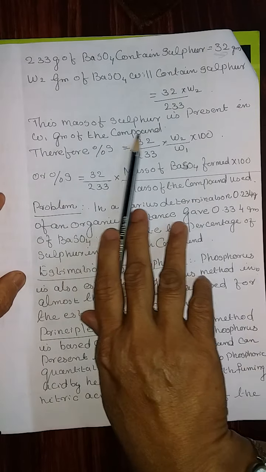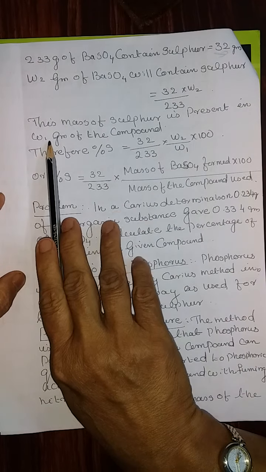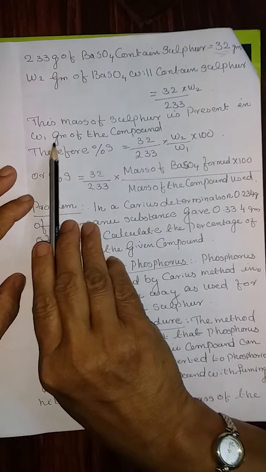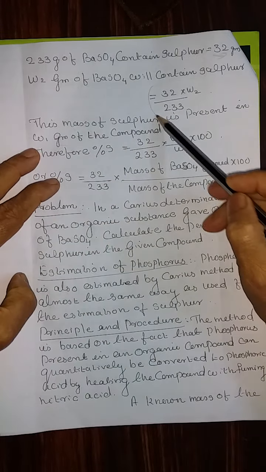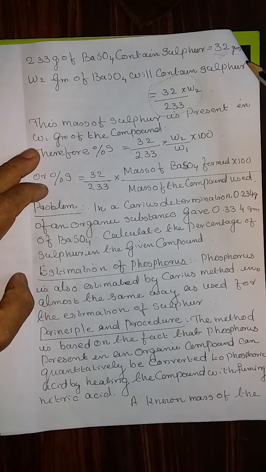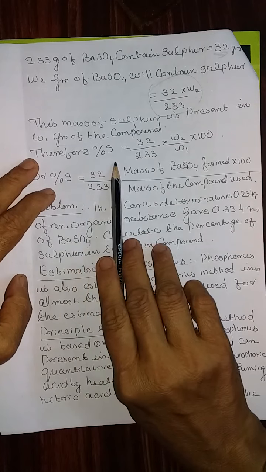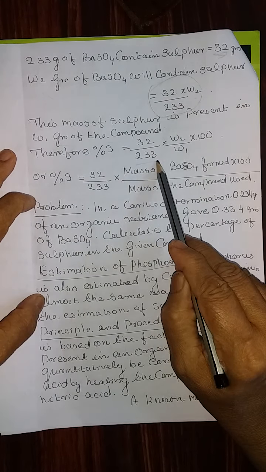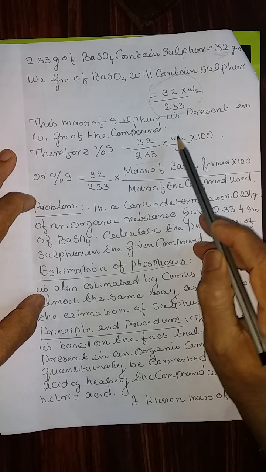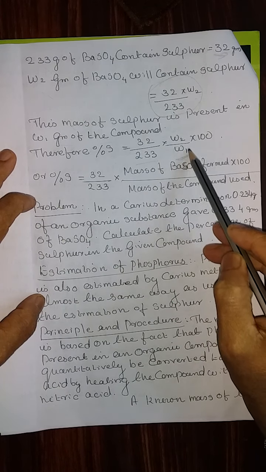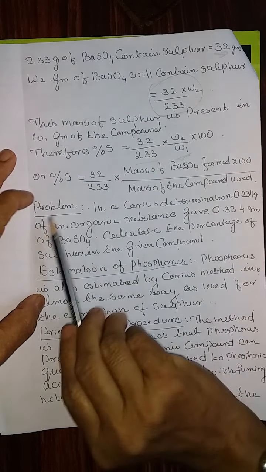This is the mass of sulfur present in W1 grams of the compound. Therefore, percentage of sulfur is equal to 32 divided by 233 into W2 into 100 divided by W1, which is the mass of the organic substance.